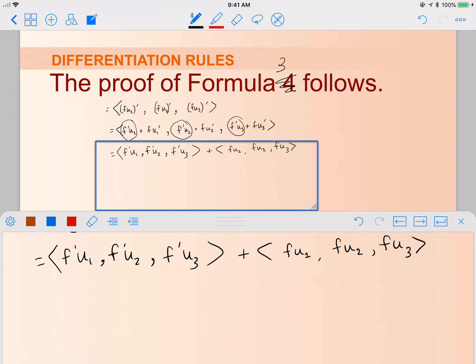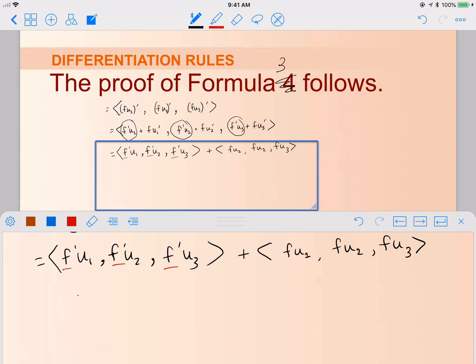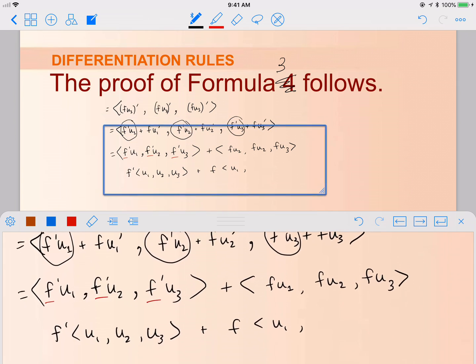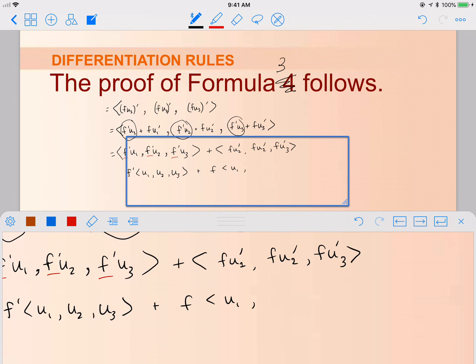And now we can factor out the f' from the first vector. So we'll get f' times (u1, u2, u3). And from the second vector, we can factor out an f. Those should have primes: (u1', u2', u3').